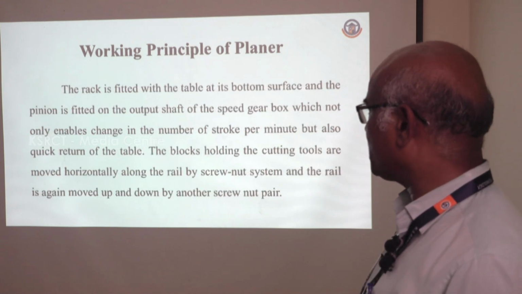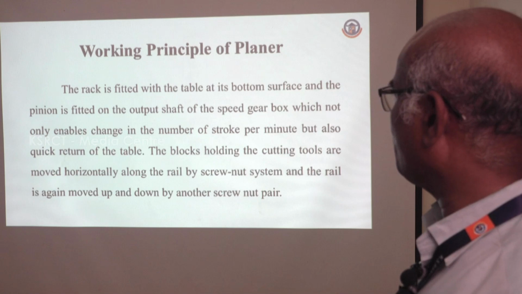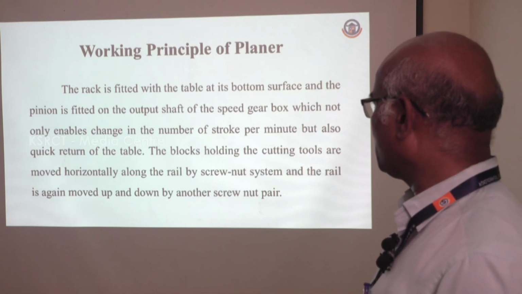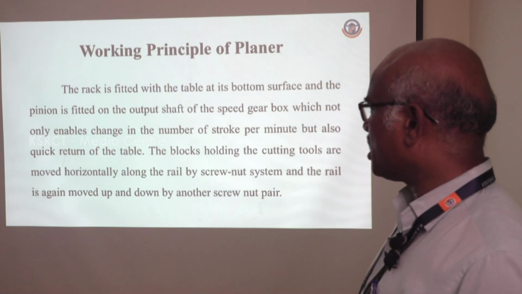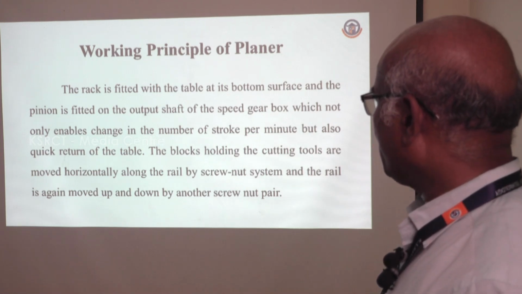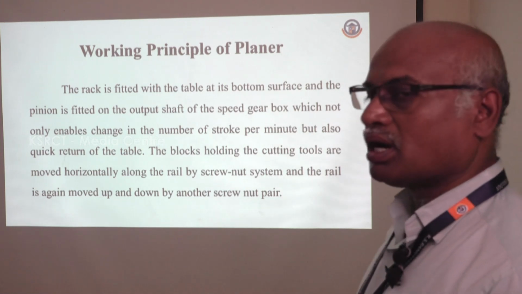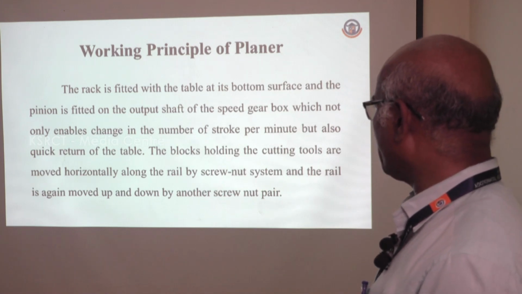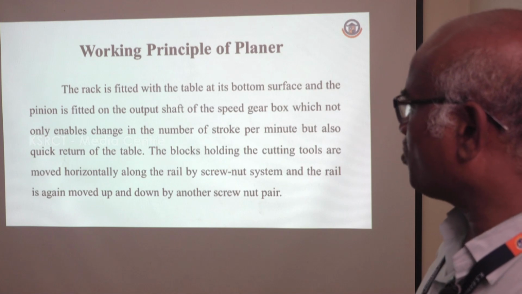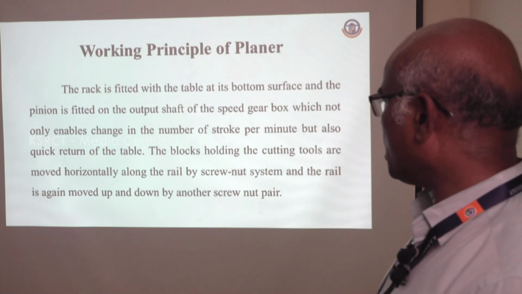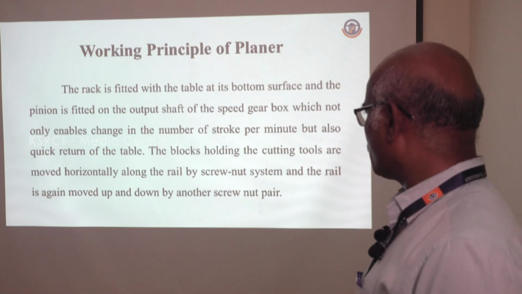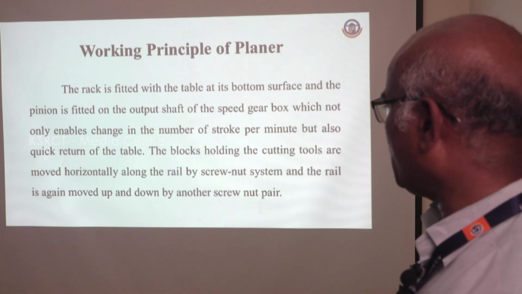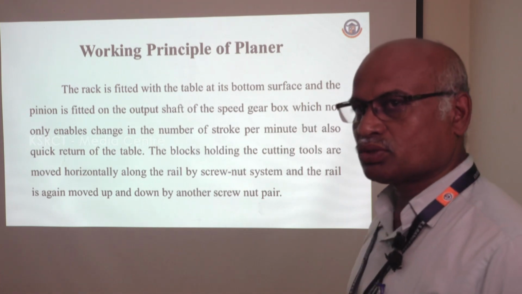The rack is fitted to the bottom surface of the table, and the pinion is fitted to the output of the speed gearbox, which not only enables change in the number of strokes per minute, but also quick return of the table. The blocks holding the cutting tool are moved horizontally along the rail by a screw nut system, and the rail is again moved up and down by another screw nut pair.